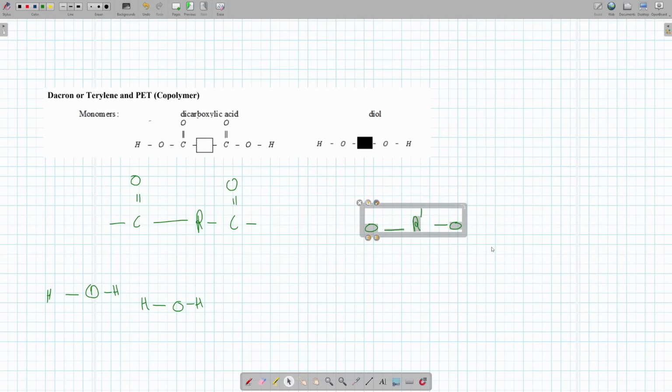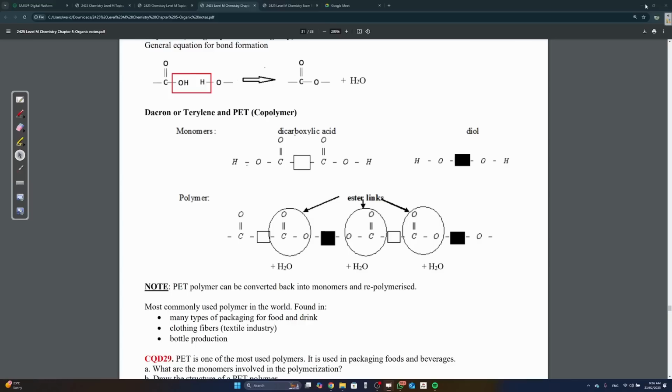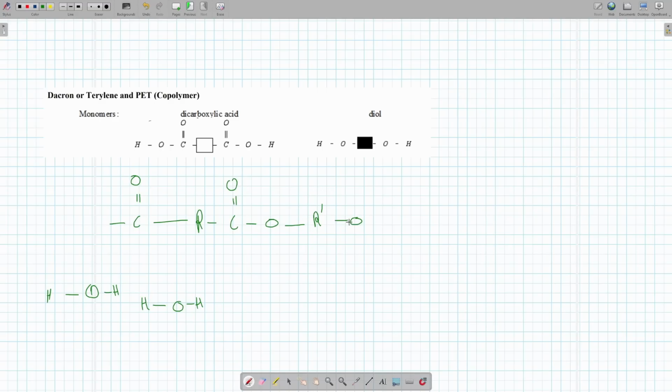And then smush them together, because apparently she prefers it to be like this. So it should look like this. If you look at the product, she kept the oxygen over here at the end, which is fine, it's almost the same thing, but you need to do it like this.